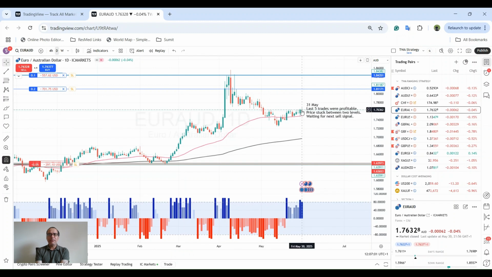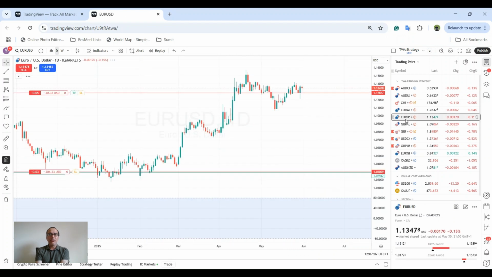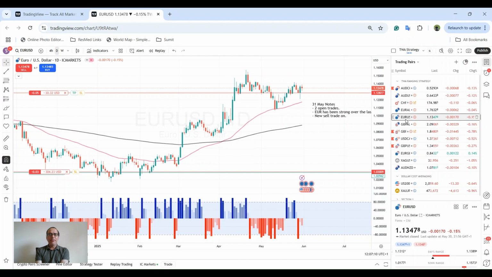So all good. The Euro US dollar, 2 open trades at the moment, 2 sell trades. In fact, the one below, which is at 1.02868, is an older one, which really came in after the price pushed up around February or so.